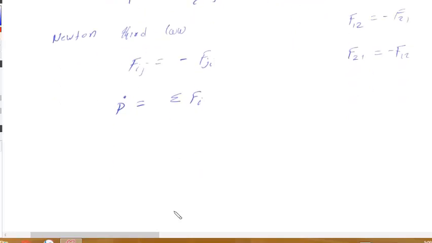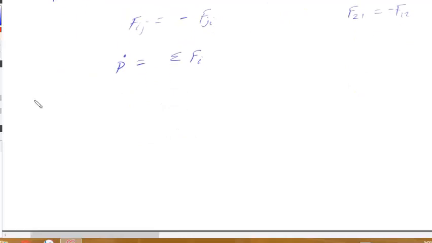Then we consider an isolated system, where there is no external force on the system.